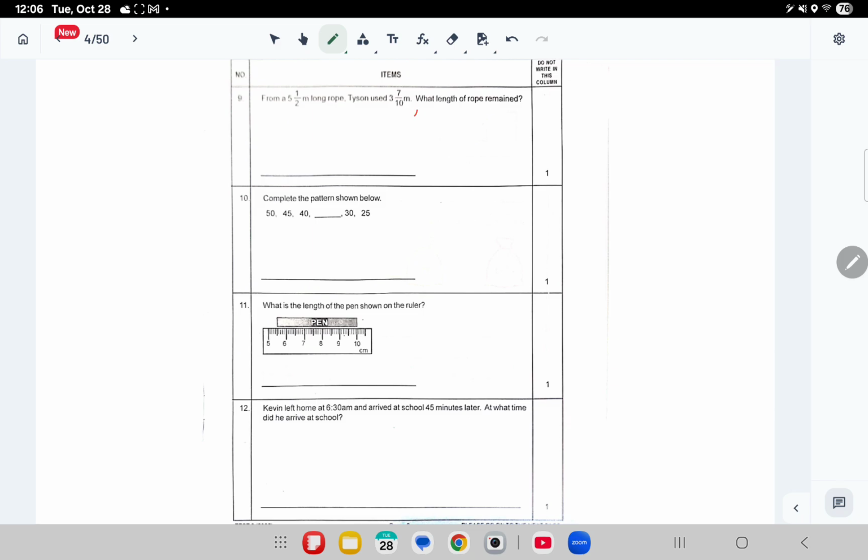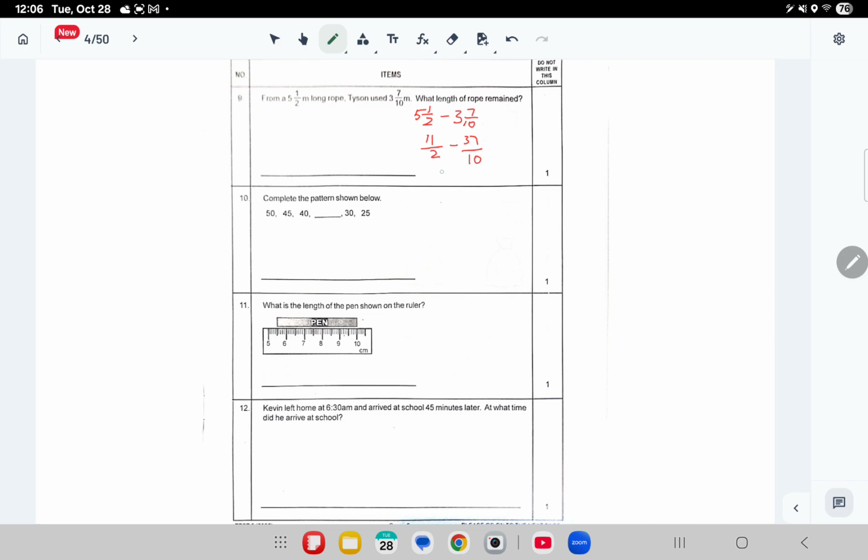So we have 5 1/2 take away 3 7/10. So what I do to subtract mixed numbers, first I'll change them into improper fractions. So we say 5 by 2 is 10, add 1 is 11 over 2. Take away 3 by 10 is 30, add 7 is 37 over 10.